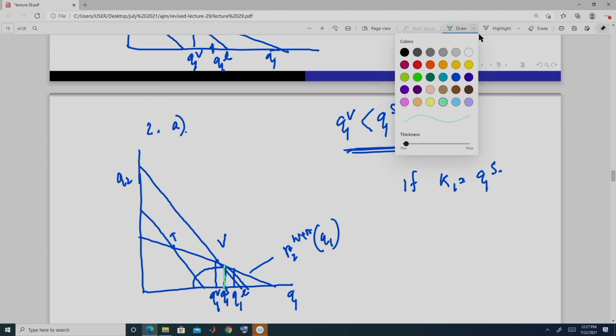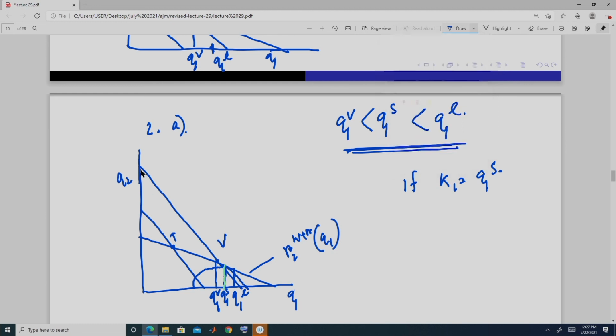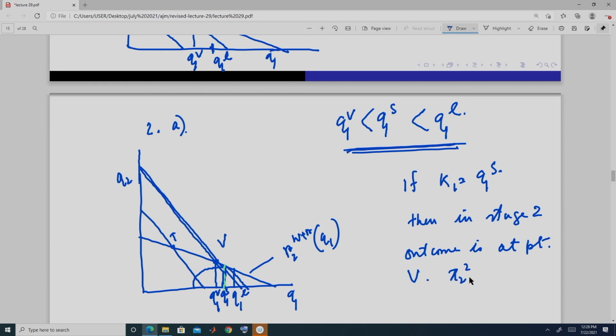Then what is going to be the reaction function of farm 1? It is going to be this and this. So if this, then in stage 2, because it knows the outcome is this, the outcome is at point V and the profit of farm 2 at V is positive.